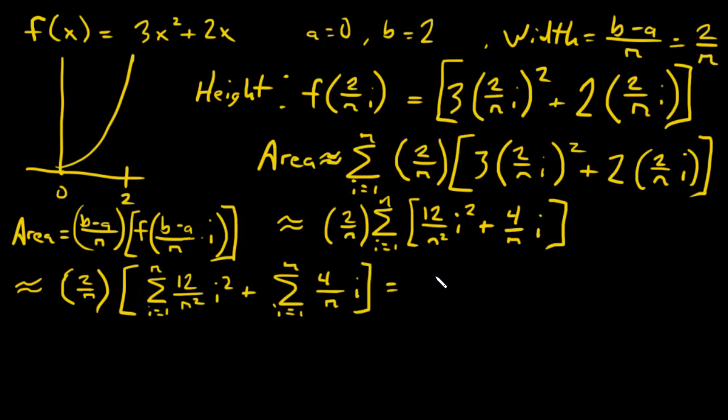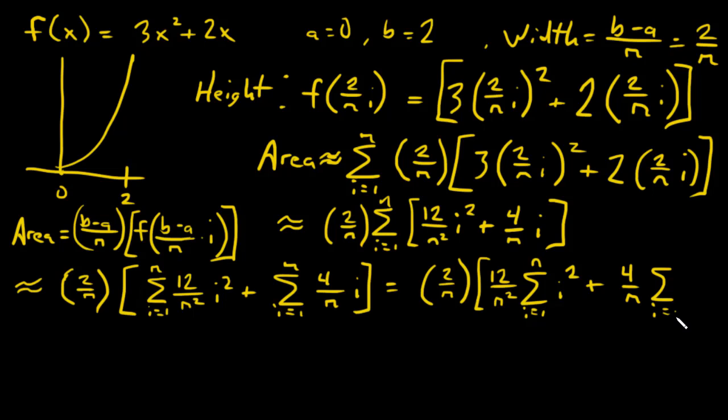Okay, so this is going to equal 2 over n times, here we go, big bracket. I can move the 12 over n squared on the outside, so 12 over n squared, summation 1 to n of i squared, plus, I can move the 4 over n out, 4 over n, summation i from 1 to n of i, bracket. Okay, and I have a formula for what the sum of i squared is, and a formula for what the sum of i is.